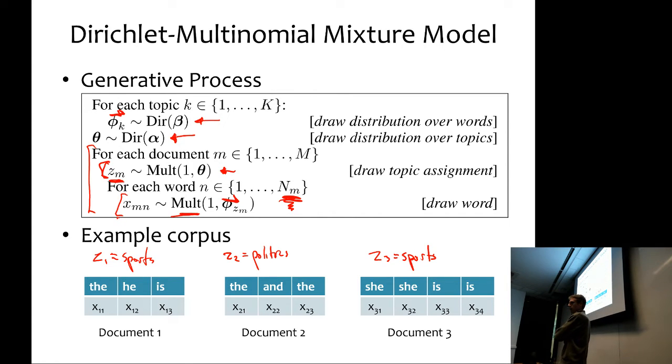And then we have features for documents, like the contents of the document. I gave a particular instantiation of naive Bayes here, where Zm is the actual label for the document, and the x vector, x sub m, is the vector of words for the document.